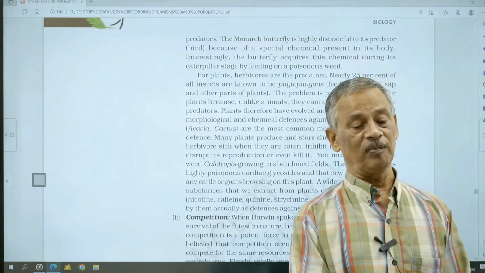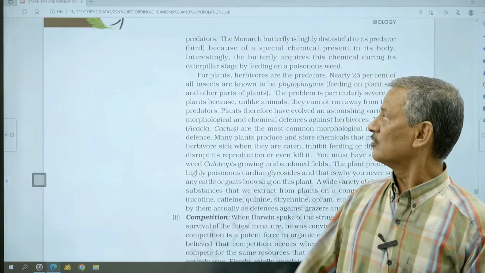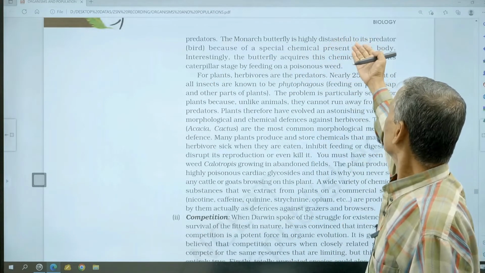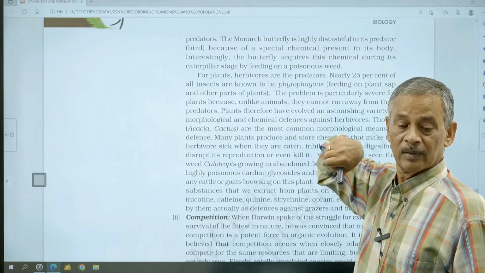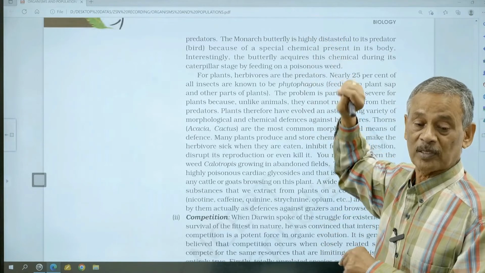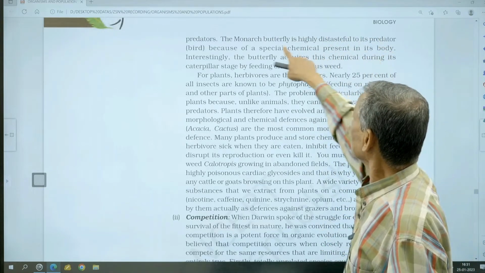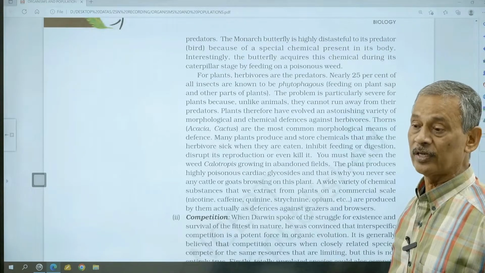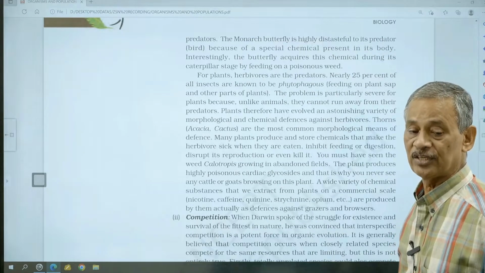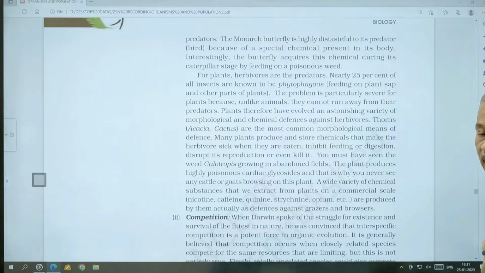Some organisms will be showing mimicry to escape from predators, as is shown by the monarch butterfly and the viceroy butterfly. The viceroy is mimicking the monarch. The monarch is having dangerous chemicals stored in its body, so no bird will eat it. Thus, their body is made unpalatable for the birds.